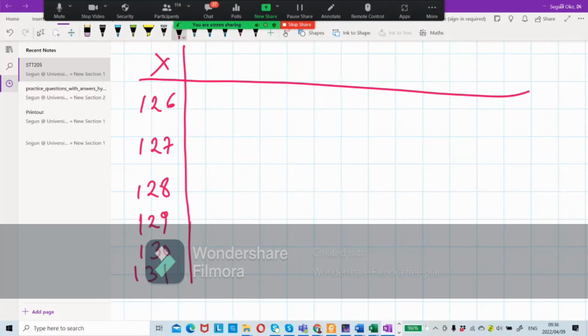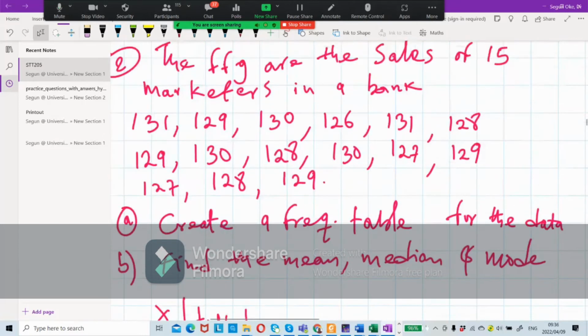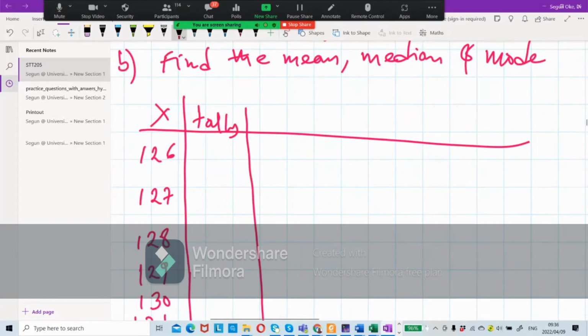So our tally method we still remember. How many 126 is there? Just one. Our frequency we create: 1.